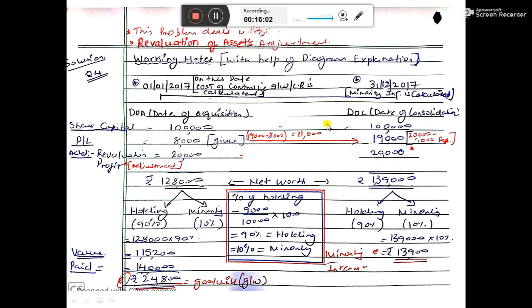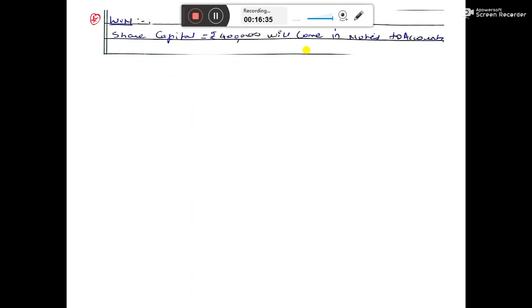So this 11,000 will be distributed to minority shareholders and holding in the percentage of 90% and 10%. I will show you that in the working note profit and loss account. Revaluation profit, there is no difference, the same amount is there. This profit is basically because of the revaluation of assets. Now, once this diagrammatic explanation is understood, your concept is clear with this revaluation of asset adjustment. Now we'll prepare other working notes.